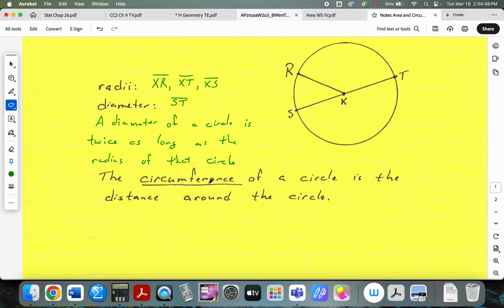So a term that you should have learned at some point is the circumference of a circle. It's the distance around the circle. So circumference is to a circle what perimeter is to a polygon.